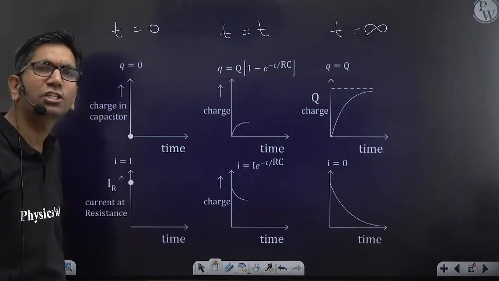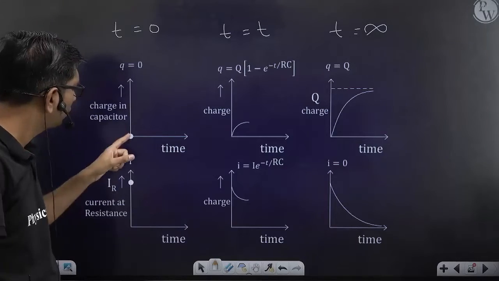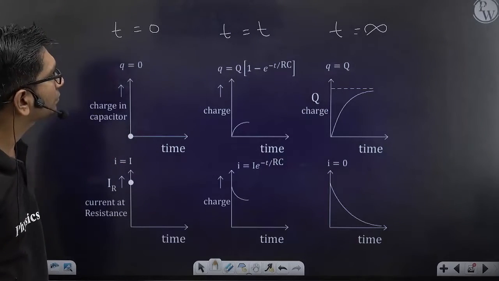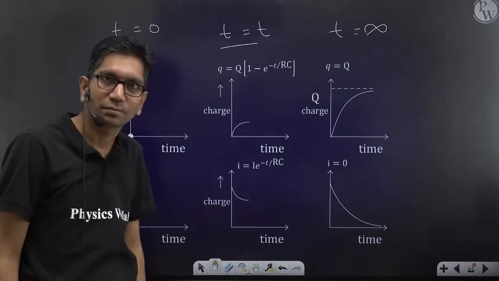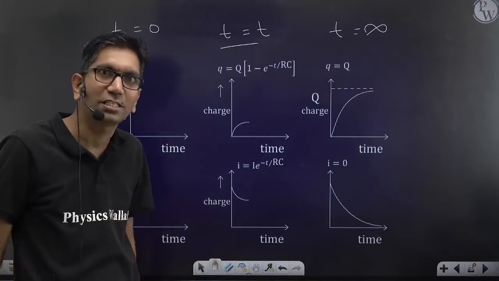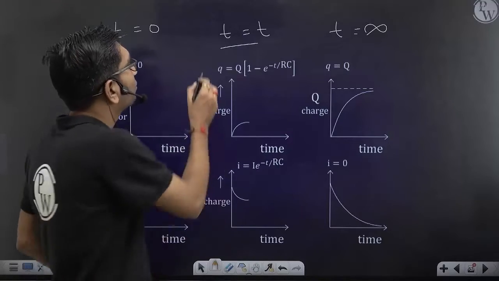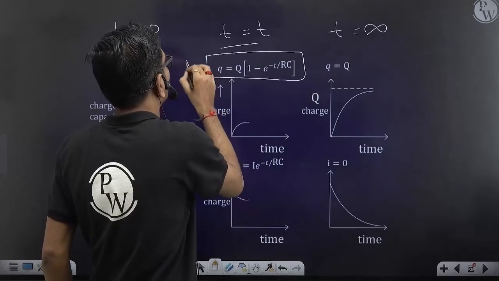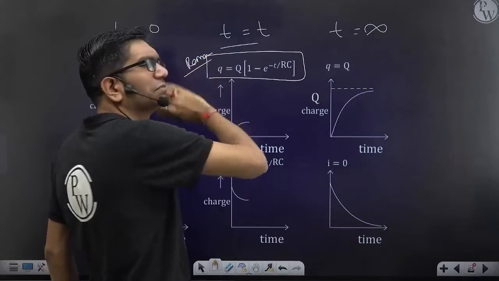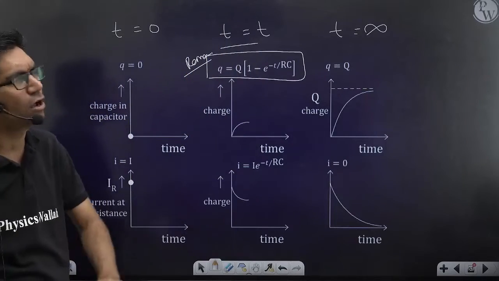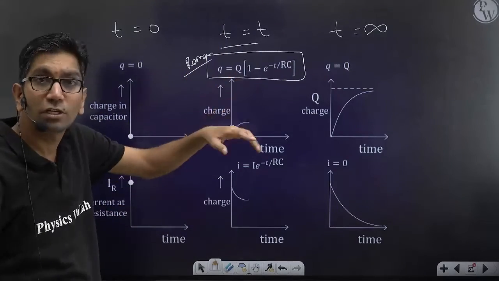Charge in capacitor. Initially, is there any charge in the capacitor? No. After some time, is there charge inside the capacitor? Yes sir, some charge is stored there. What is the charge formula? Remember this one. If you remember this, it is sufficient, all numericals get solved. Capital Q is the full charge.